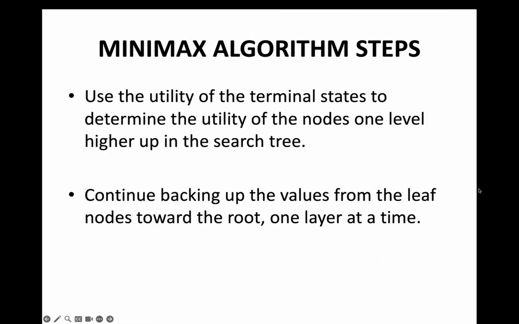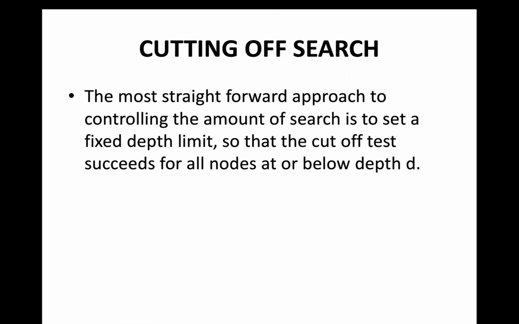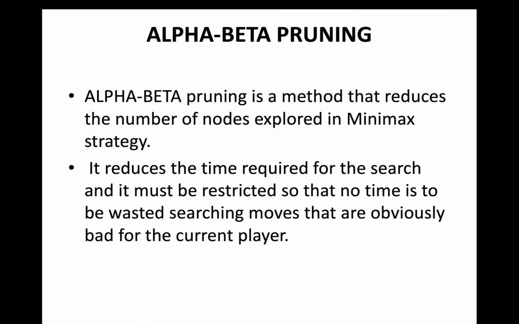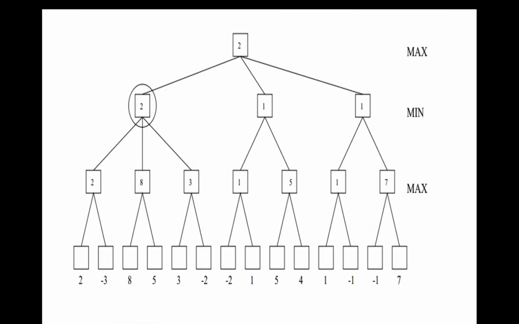Okay, so we are going to introduce a way of cutting off the search, and that is what is called alpha beta pruning. Before I even talk about alpha beta pruning, if we look at an example here, this is a game tree that we populated, and we determined that the optimal move for this player should be this one.